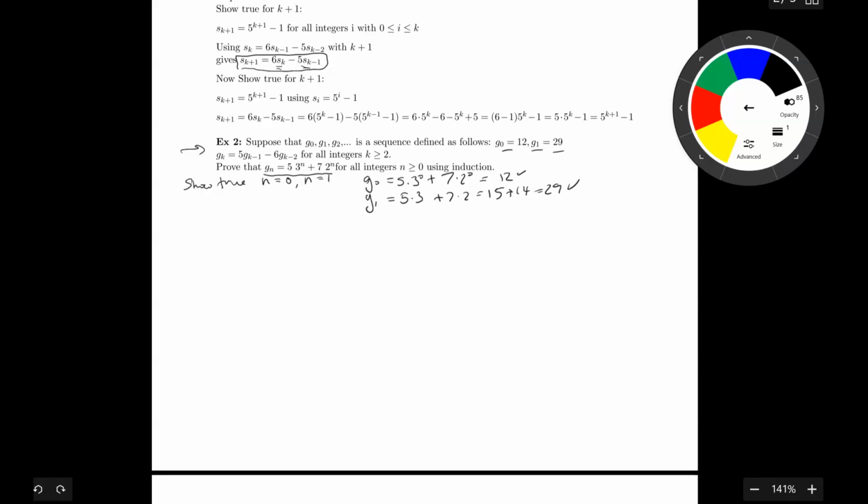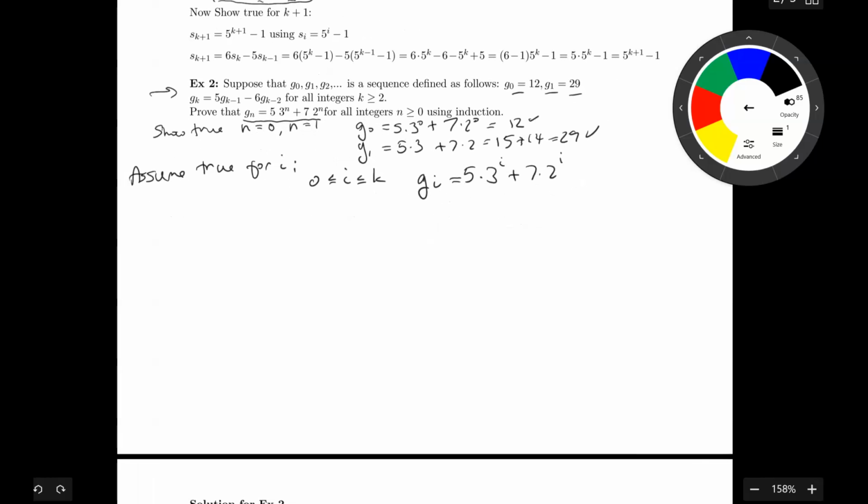Check. Okay, so now I'm assuming, so this is where you have to state it very differently. You assume true for i, where the i goes between 0 and k. And so then you say g sub i is equal to 5 times 3 to the i plus 7 times 2 to the i.